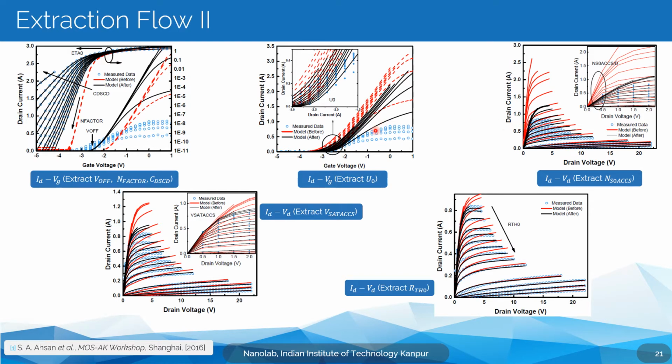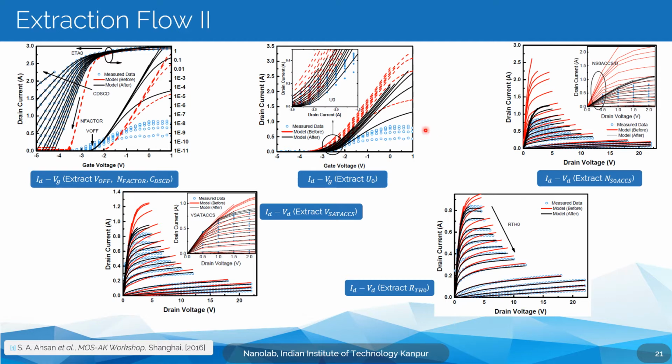So the next step is the linear transfer characteristics. In the linear transfer characteristics, just after threshold, we extract the parameter U naught, which is the low field mobility. And in high gate voltage regions, we extract the mobility degradation parameters, UA and UB.